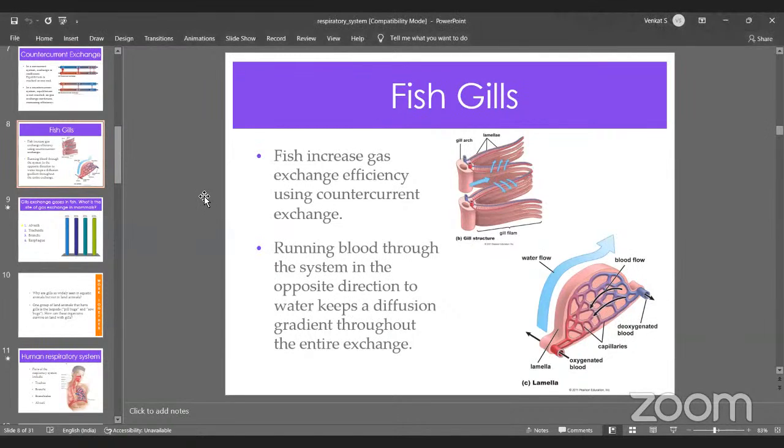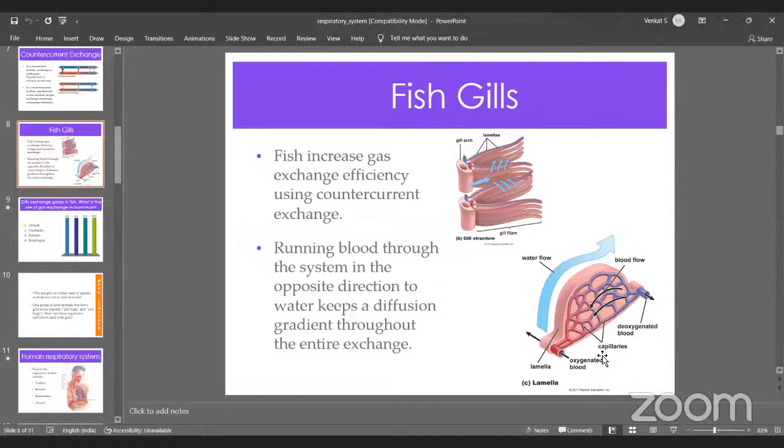Next, see the internal functions: water flow, blood flow, and lamellae. This is the oxygenated blood, these are the capillaries, and this is the deoxygenated blood.